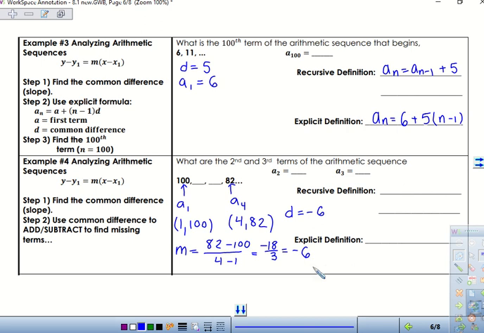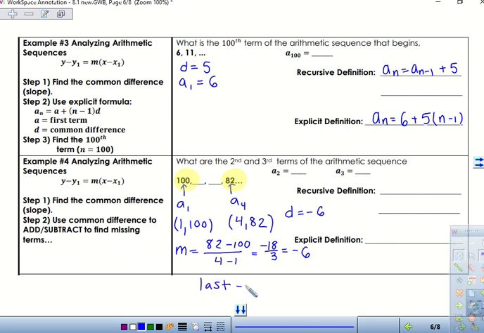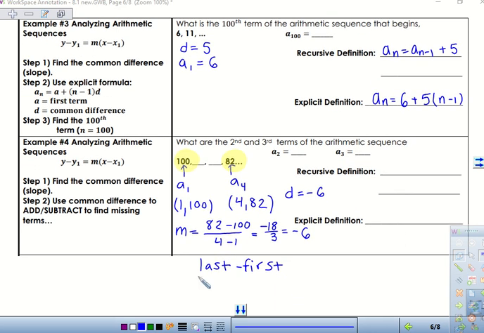Now there is a little bit of a trick that you can do to get this that I can show you guys. But I just don't want you to get too wrapped up in it. This is how I do it on a whim. So here's the trick. If you like the trick better, it's the last term given minus the first term given, okay? So last minus first, over the number of spaces plus 1.